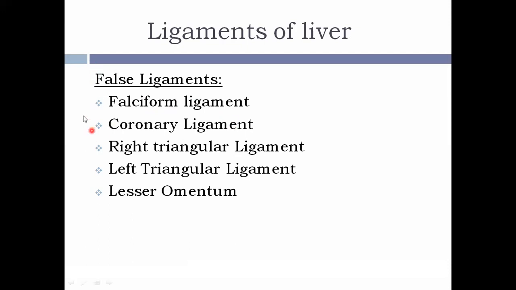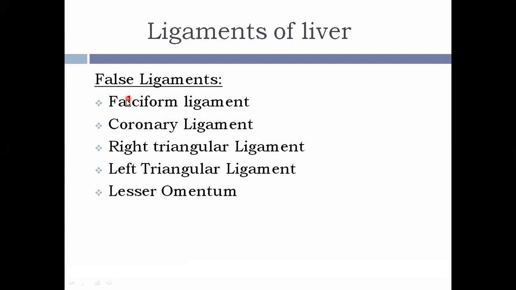First we'll see about the false ligaments. There are around 5 false ligaments. What are false ligaments? As the name indicates, these are very familiar. Just an example is enough to explain what false ligaments are. Lesser omentum. Under the topic of peritoneal folds, you might have seen lesser omentum is a peritoneal fold.